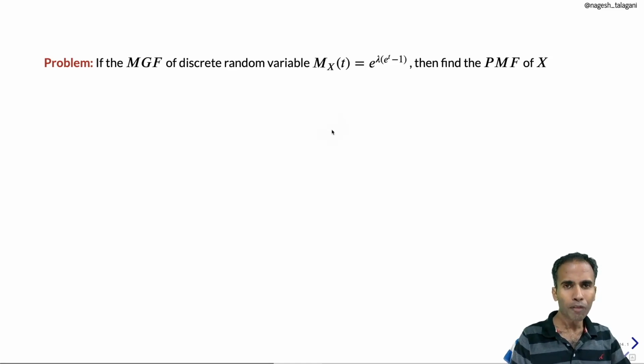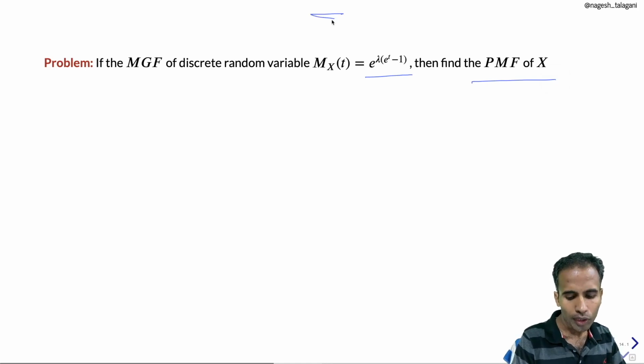If the MGF of a discrete random variable is Mx of t equal to e power lambda times (e power t minus 1), then find the PMF of X. This time, the given MGF is not in the form that we wanted to see.